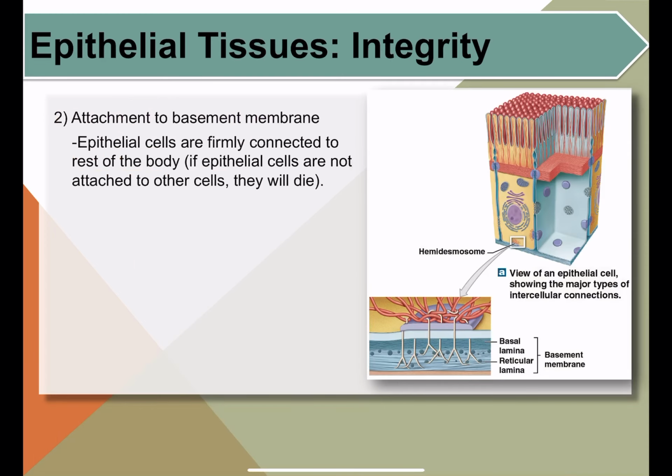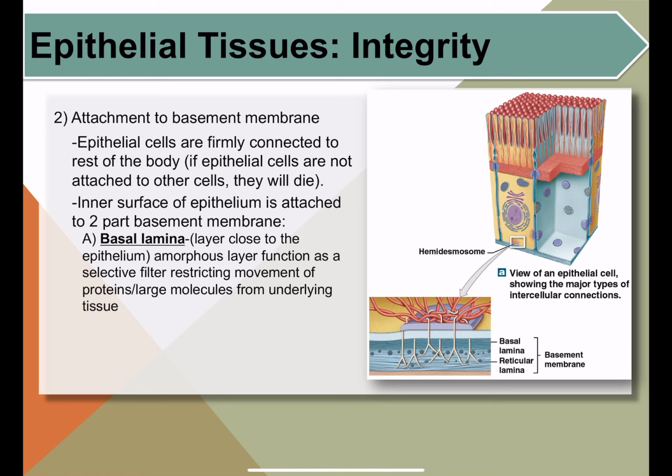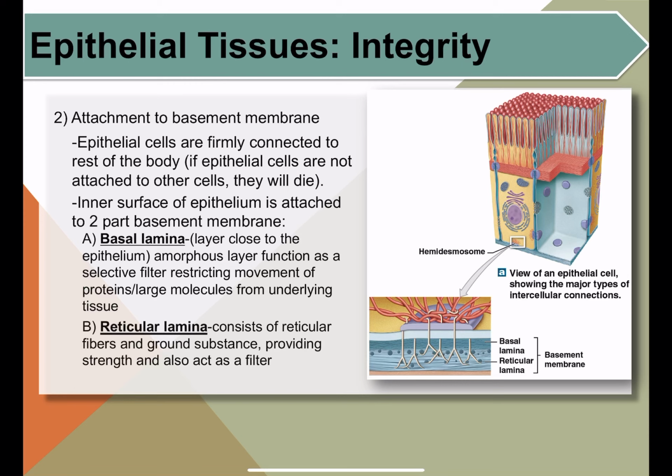And then you have that attachment to the basement membrane. Now, the basement membrane is made up of 2 layers, the basal lamina and the reticular lamina. Here is the basal lamina, this layer right here, and the reticular lamina is the bottom, inferior or deep layer of the basement membrane.